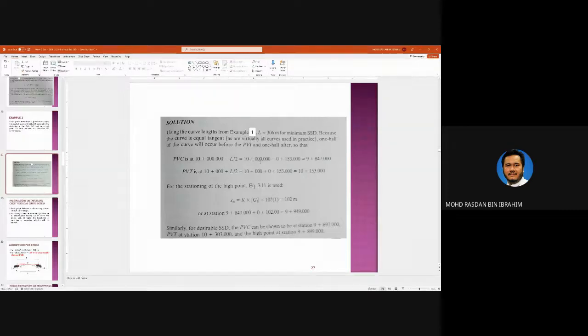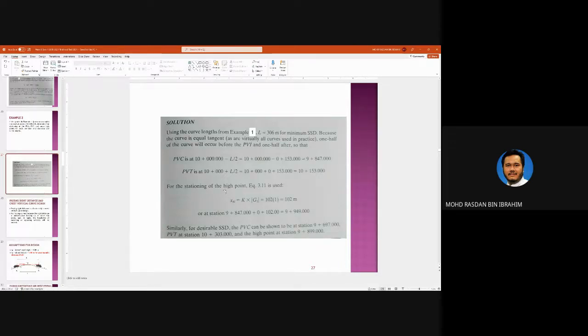The station in the middle is 10 kilometers, so 10 kilometers minus 153 meters, you get station 9 plus 847. PVT is on the next half, so instead of minus, here you plus 153 to the 10 kilometers. You get 10 plus 153.